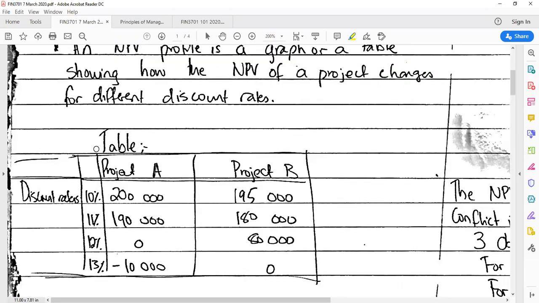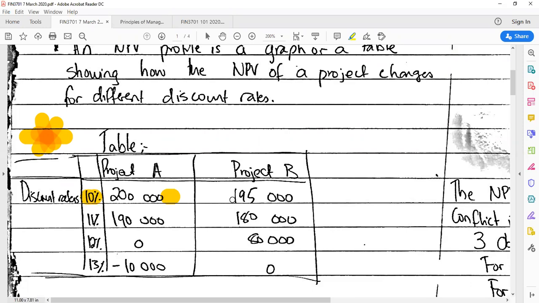So this table that I have right here is an example of an NPV profile. As you can see, we're given 2 projects, project A and project B. And for these 2 projects, we're given different NPVs for different discount rates. For example, the NPV of project A is 200,000 Rand when our discount rate is 10%.